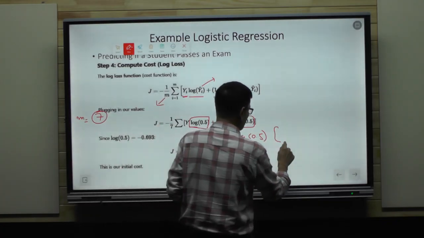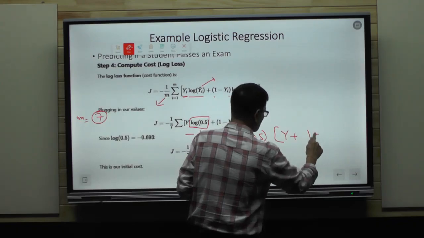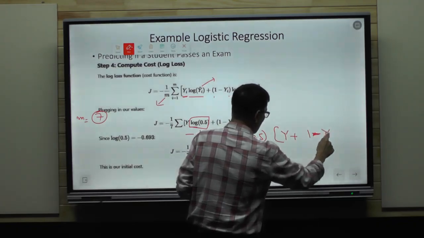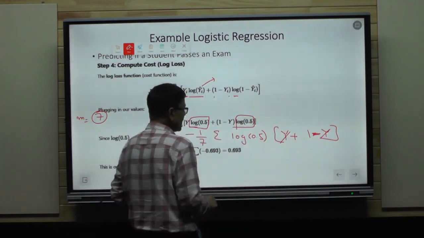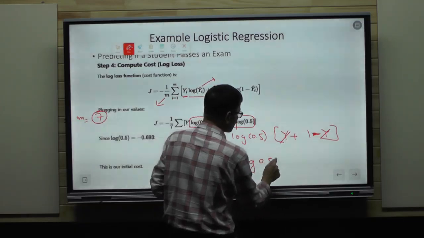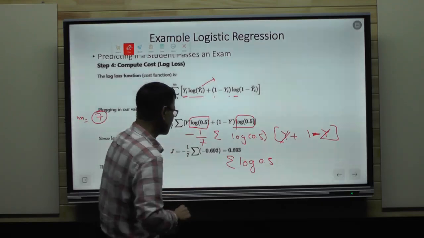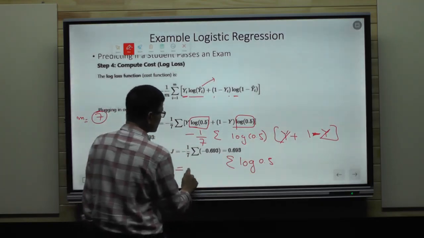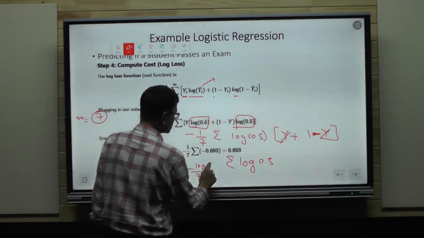What remains in the square bracket is y plus 1 minus y, so y cancels, and we get the summation of log of 0.5 multiplied by 1. So log 0.5 is a constant, and we can take it common, that is log of 0.5.